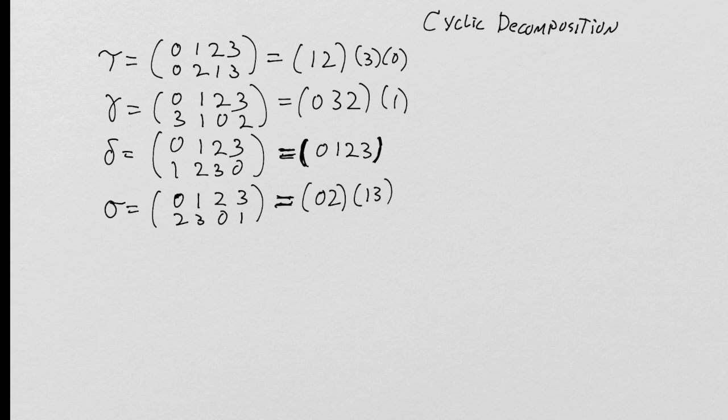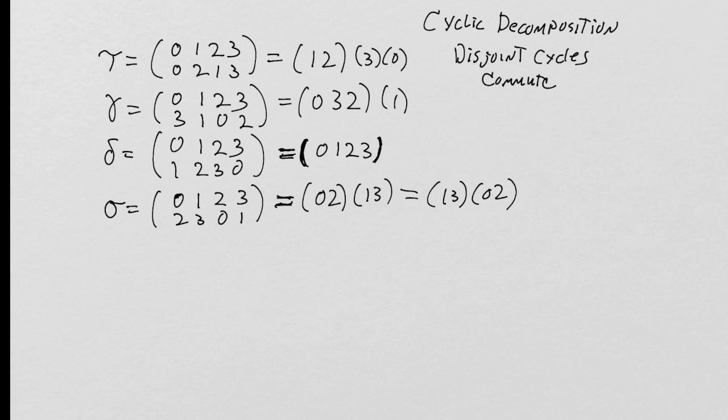And that's really important because disjoint cycles commute, which is to say that this last cycle is the same as 1, 3, 0, 2. There's no distinction there. And likewise, the cycle itself is not 100% specified by the numbers in their order, because if we change the order to, say, 1, 2, 3, 0 or to 2, 3, 0, 1, right, that should work.